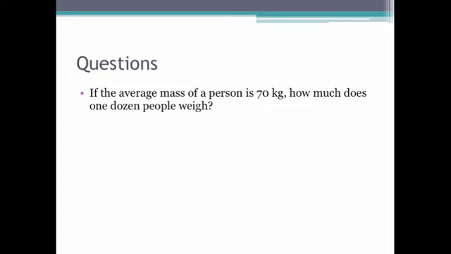You'd say it would be 70 multiplied by 12. But now you should be able to do the same thing with a mole. If I ask you that question, how much does a mole of people weigh, assuming that on average they weigh 70 kilograms, the answer is going to be 6.02 by 10 to the 23 multiplied by that 70 kilograms there.